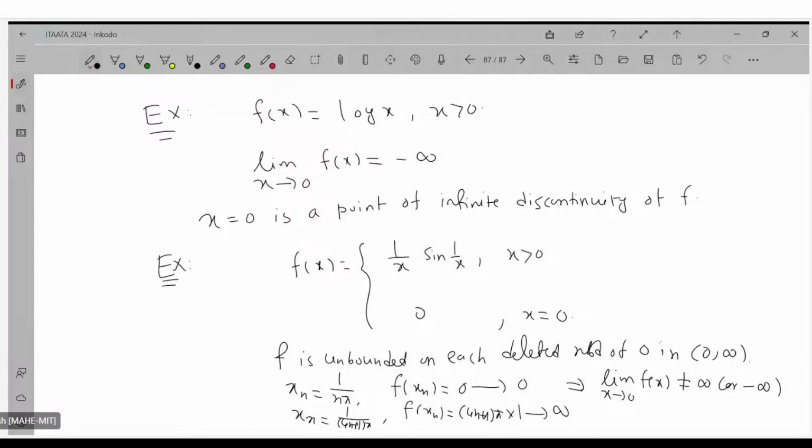So in this case x equals 0 is a point of infinite oscillatory discontinuity of f.